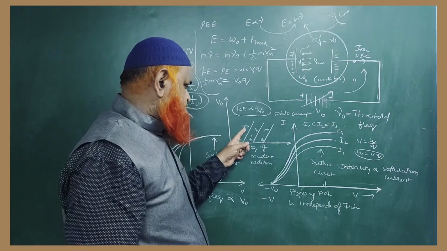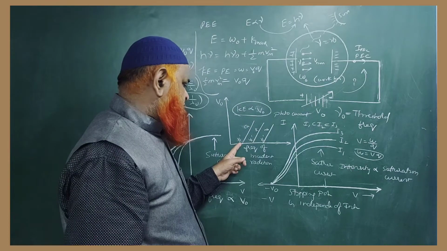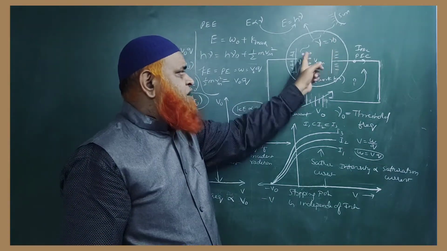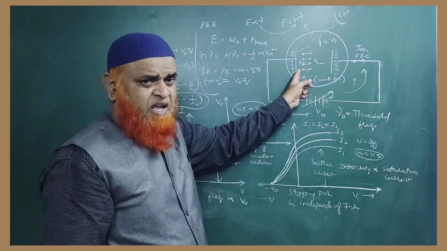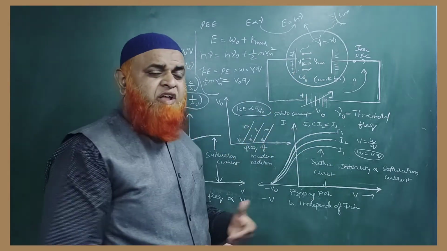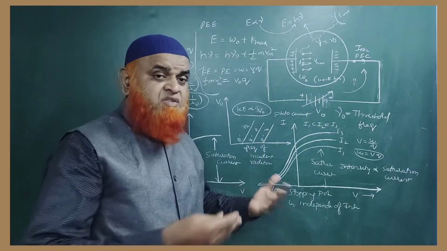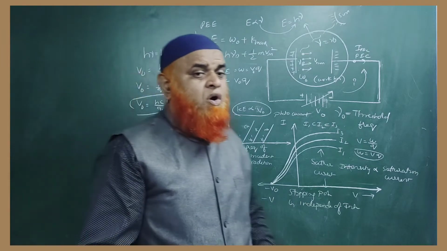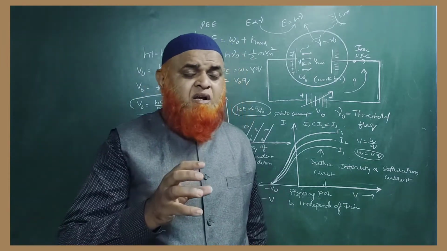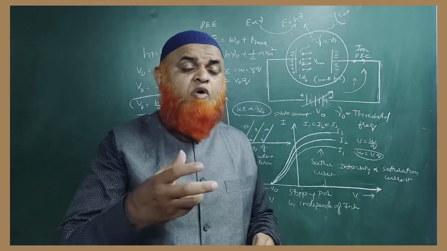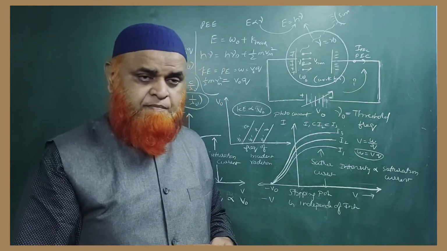So for calcium, when the frequency of incident radiation reaches nu naught, then electrons will come out. For sodium, the frequency required is different. For potassium, the frequency required is different. So the threshold frequency, the minimum frequency required to remove an electron, is different for different metals.